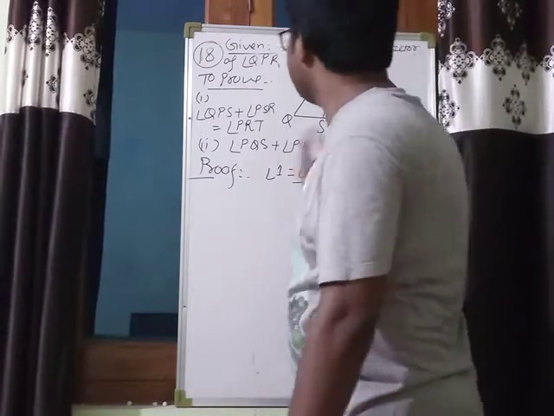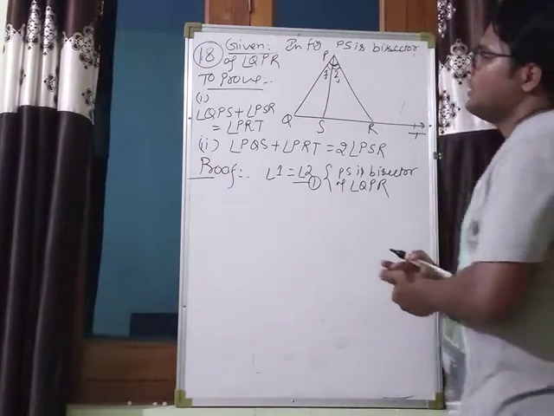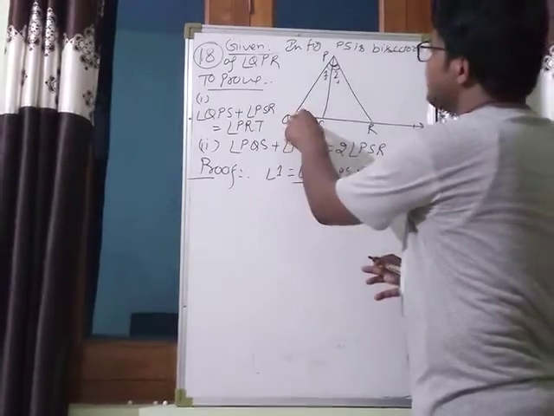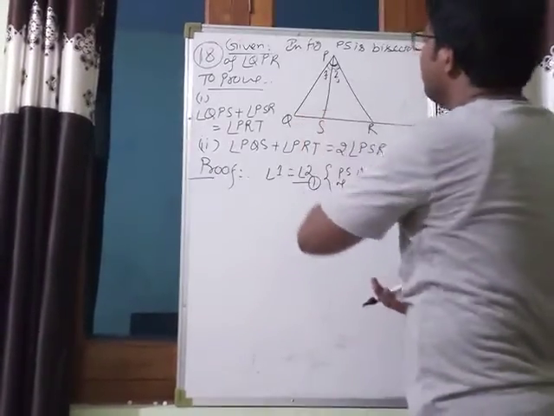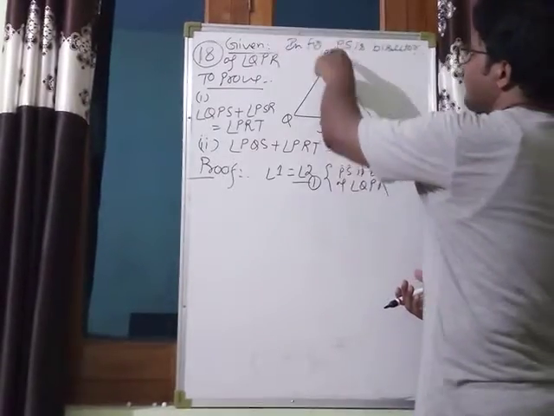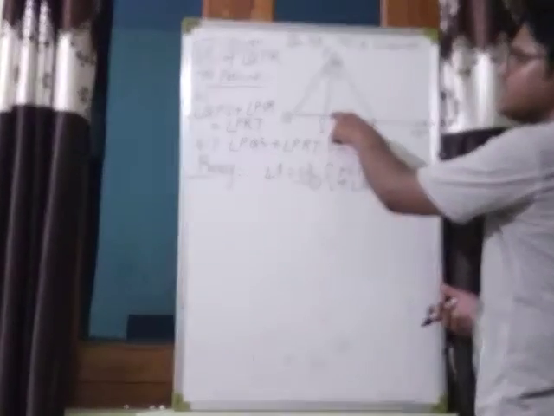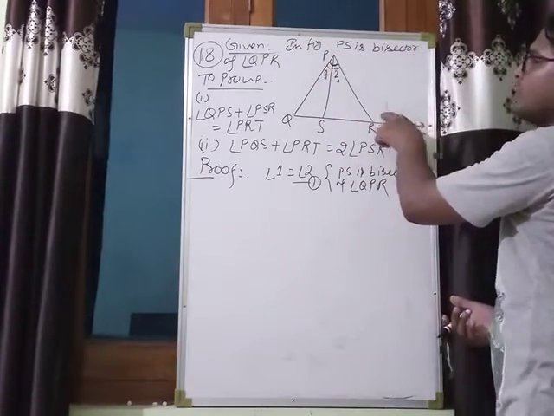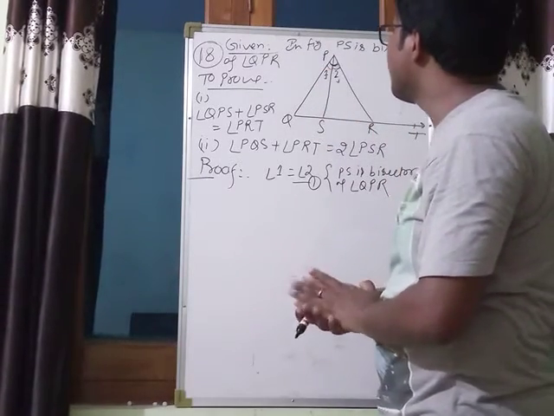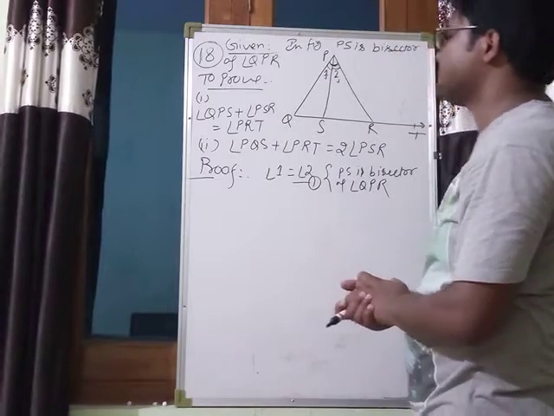Now see, in the first we have to prove QPS, this one, plus PSR, this angle, the sum of this one and this one, is equal to PRT. Okay, so first we have to find out angle PSR.